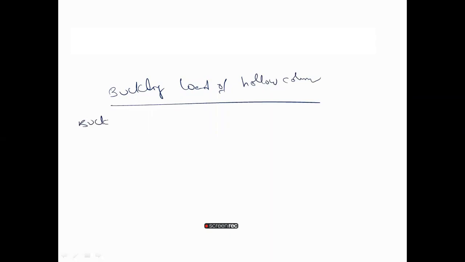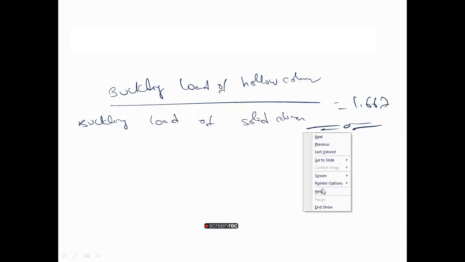So finally we got the ratio of the buckling load of the hollow column to the buckling load of the solid column equal to 1.667. So this is the answer for this problem.